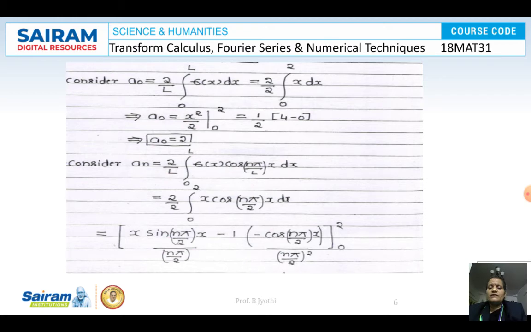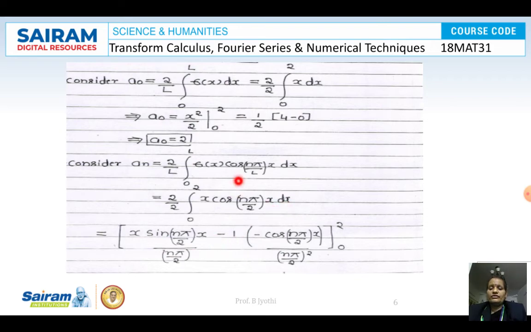Now let us find the value of an. The an value is given by 2 by L, integral 0 to L, f of x cos n pi by L of x dx, which on simplification is 2 by 2, integral 0 to 2, x into cos n pi by 2 of x dx.